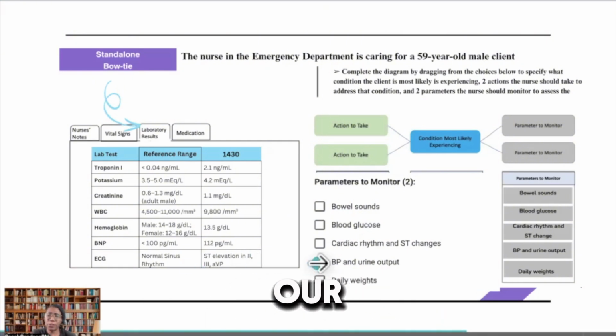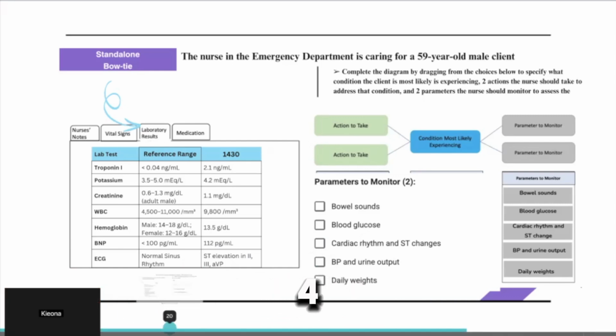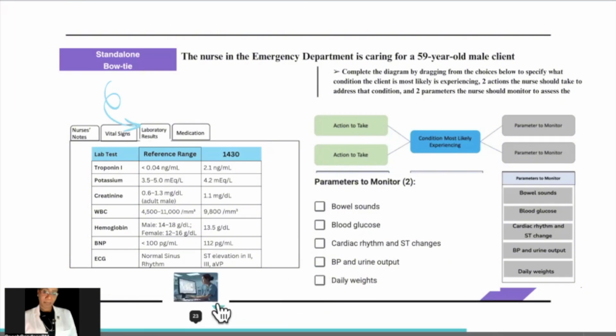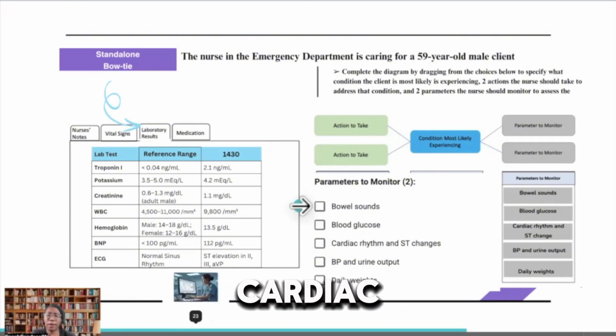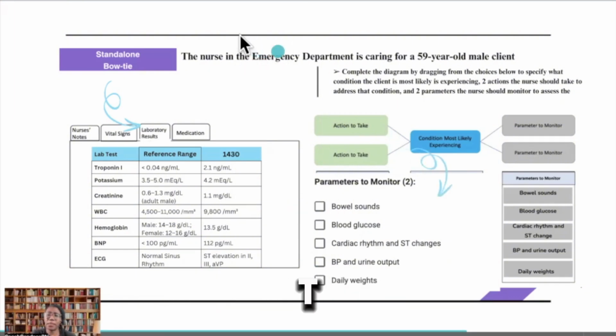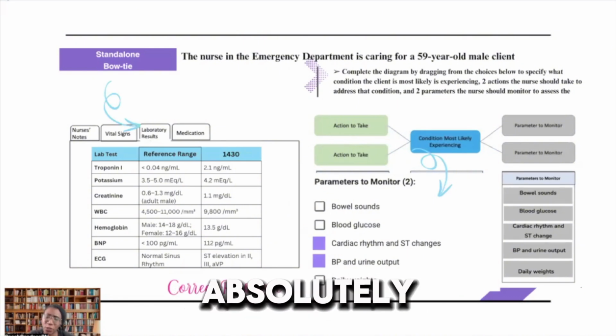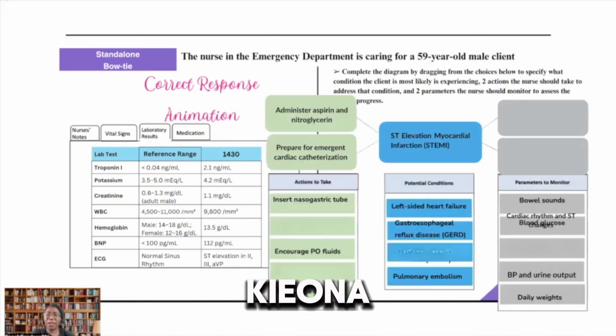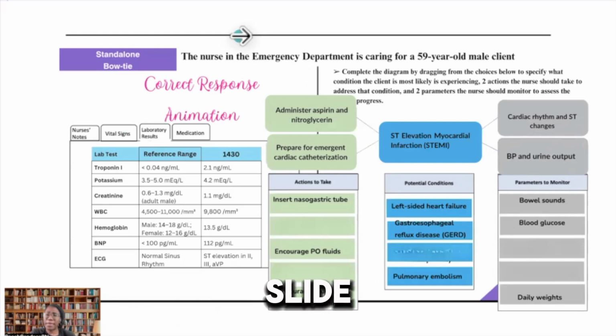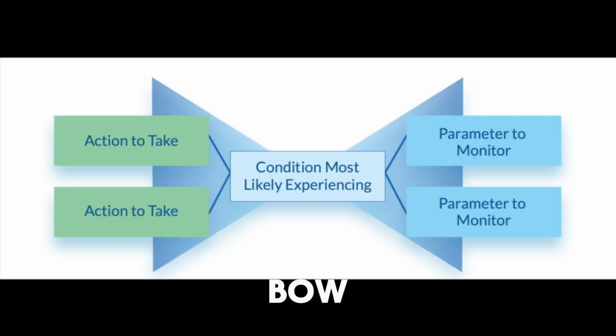What are our two parameters that you'd like to monitor here? 3 and 4. 3 would be cardiac rhythm and ST changes. Correct. And then BP and urine output. Absolutely correct, Kiana. Excellent. So we slide those up on there, click and drag, and we've completed our bow tie.